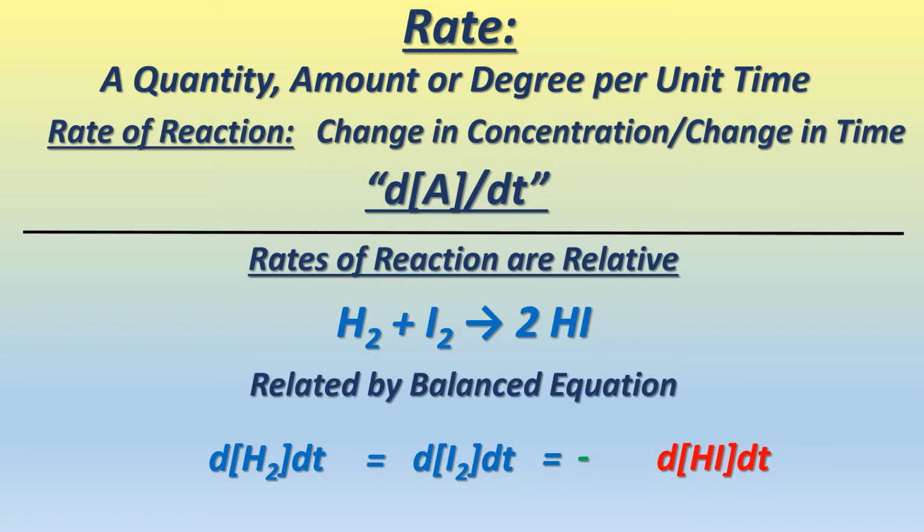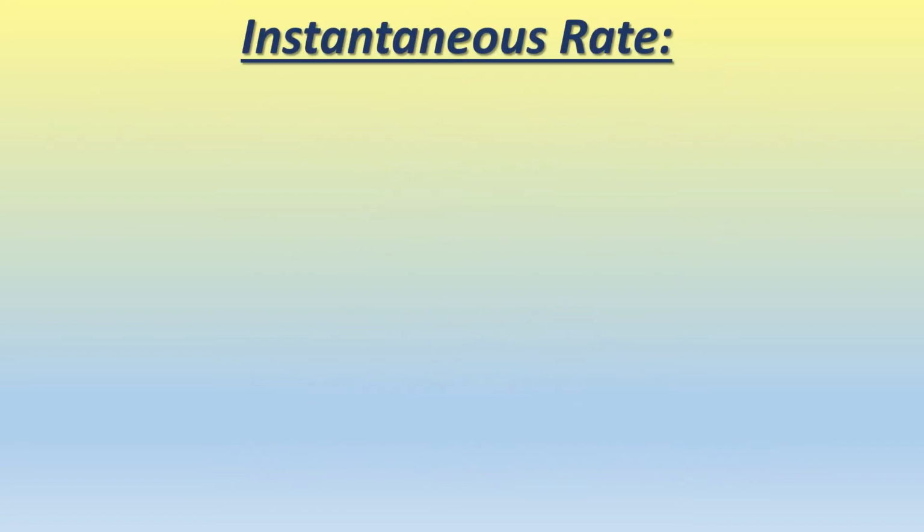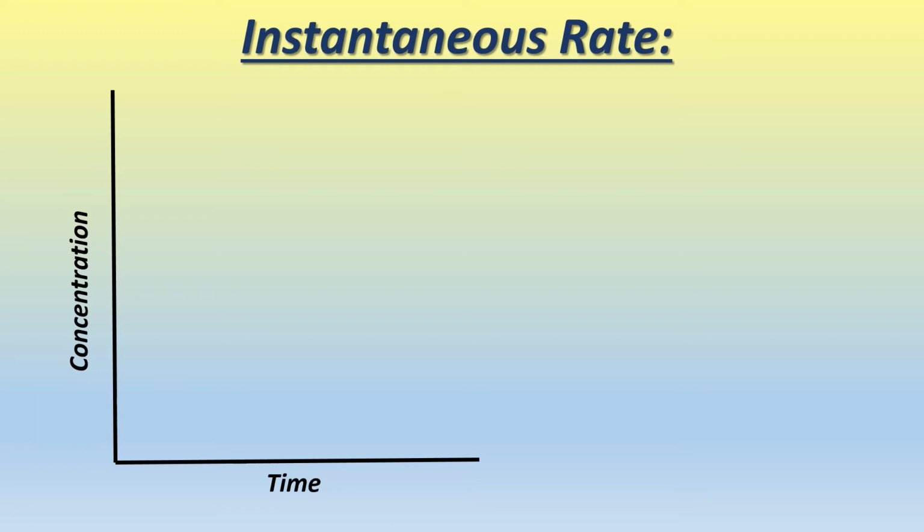Secondly, the balanced equation says I make 2 HIs for every 1 H2, or put that another way, for every 1 H2, I make a half of a product. So the rates are related 1 to 1 to minus a half. These are what are called instantaneous rates, or the change in concentration with the change in time.